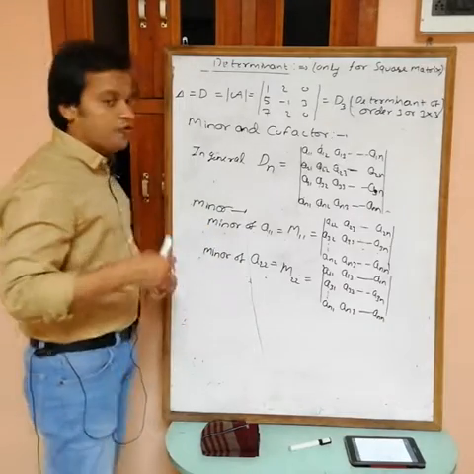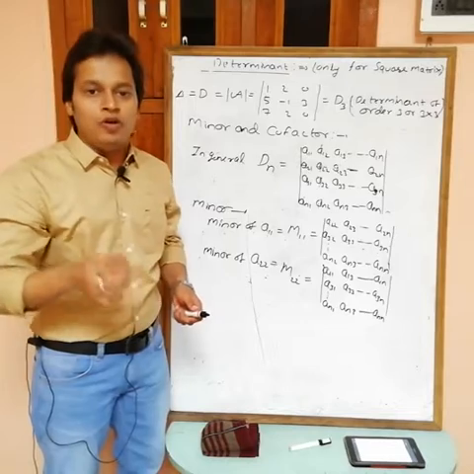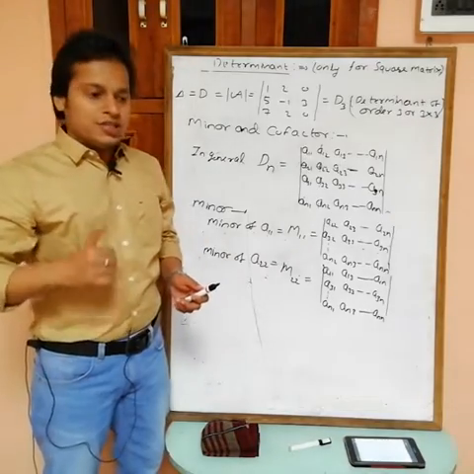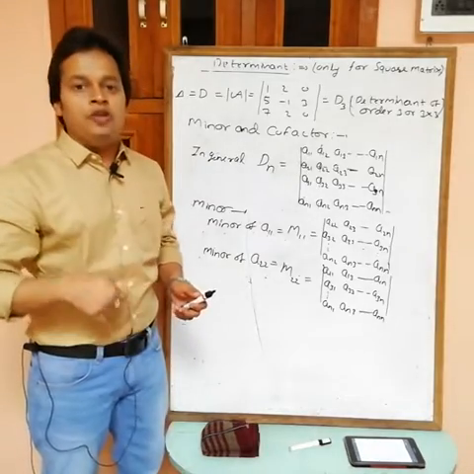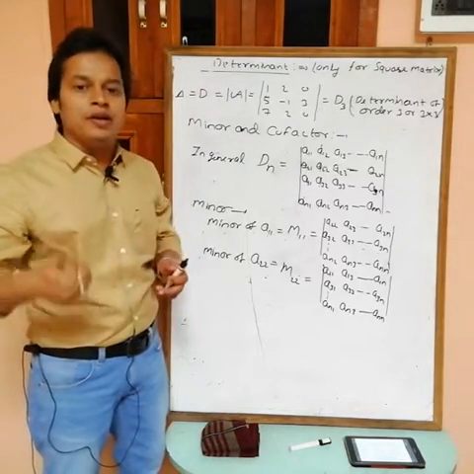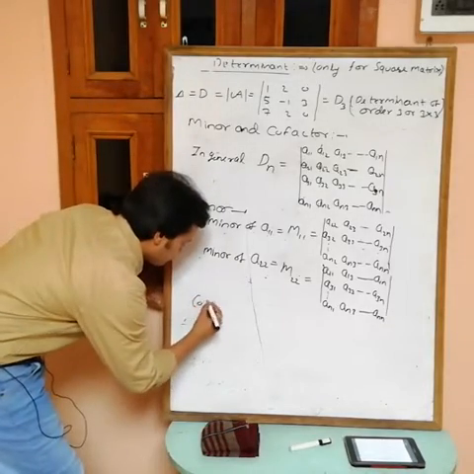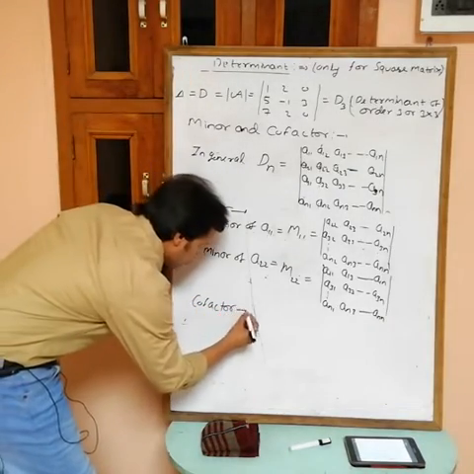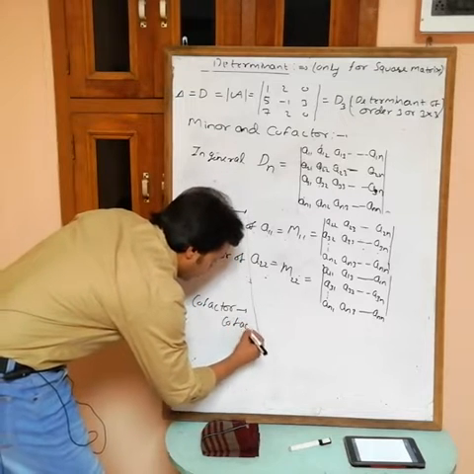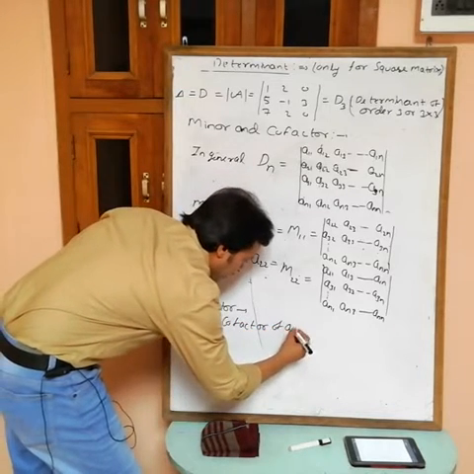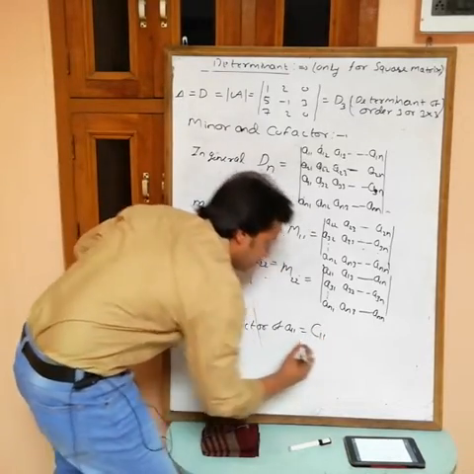Now what about the cofactor? Actually, between cofactor and minor we have only a difference of sign. Sometimes for some elements the cofactor is exactly equal to the minor, and for some it is exactly equal to minus the minor of that element. So now see the cofactor. The cofactor of A11 is represented as C11.